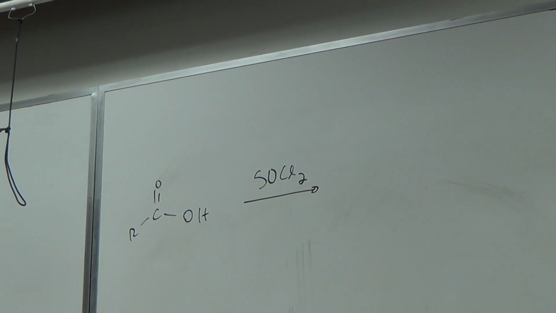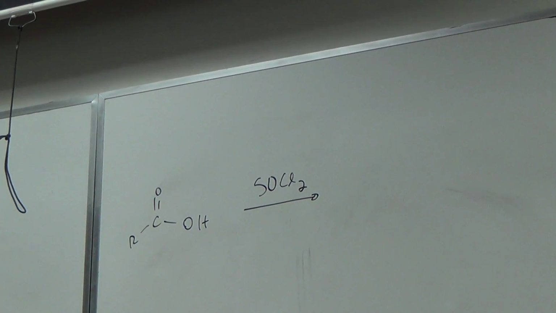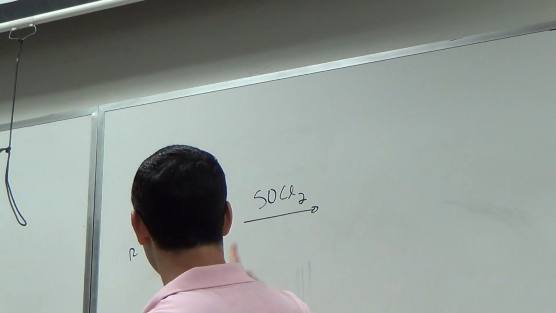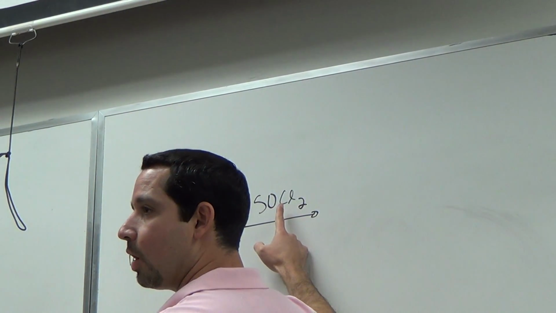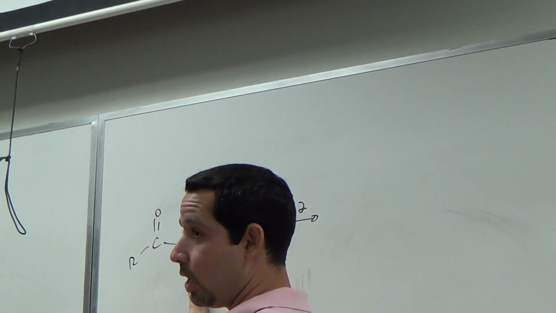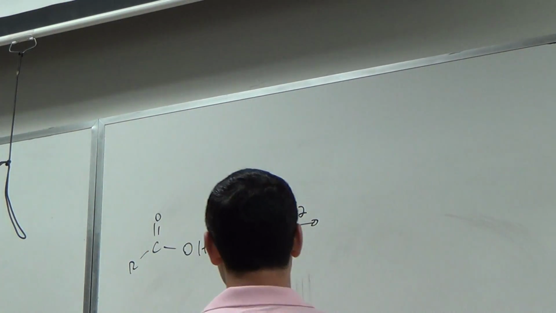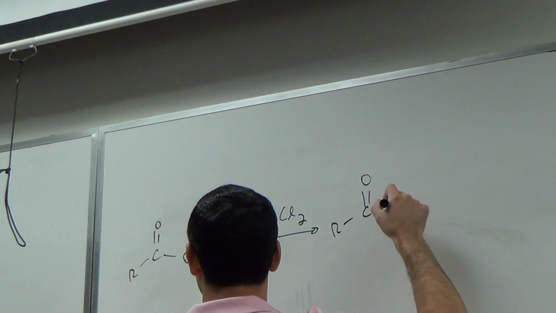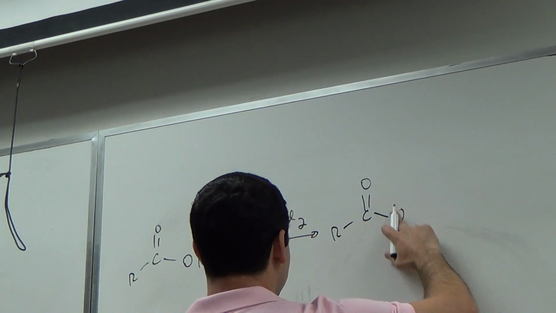What did it give you? PBr3, from an alcohol, gave you bromine, yes? So this is going to give you chlorine. It's going to replace the OH, like it did before. What type of reaction is this? Substitution, very nice.